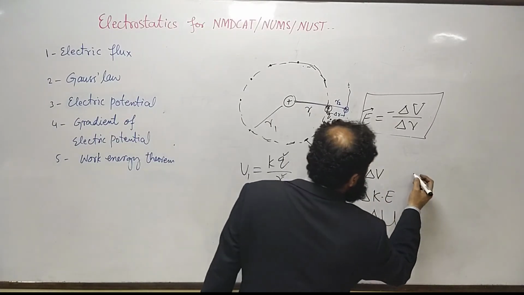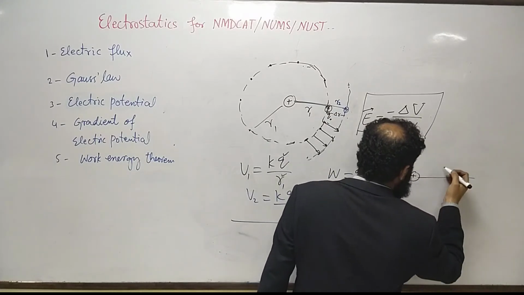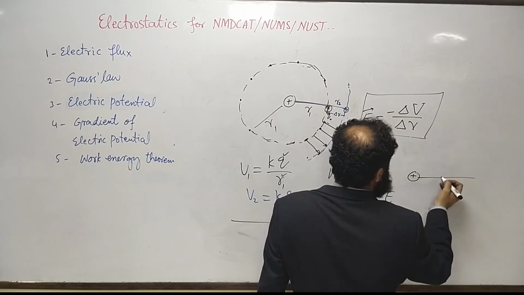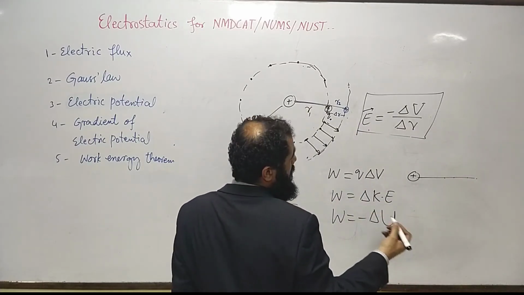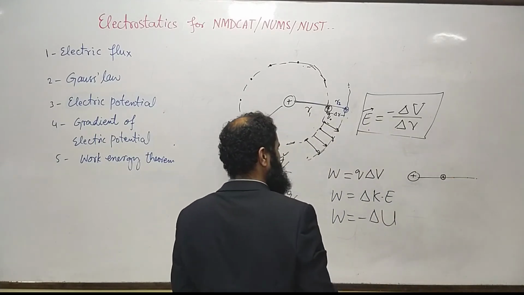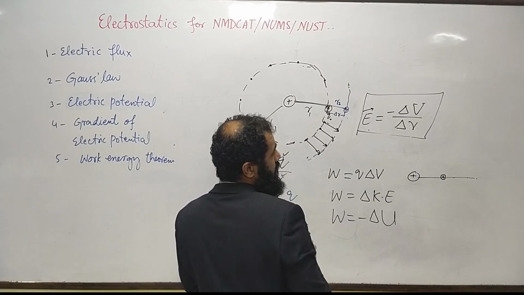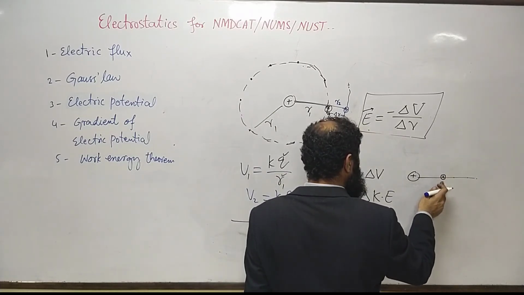So let me take a situation of some unit positive charge that is having potential along this axis, and I place some test positive charge here, and then this positive charge is having zero velocity initially.